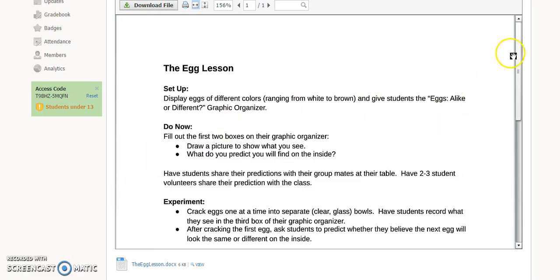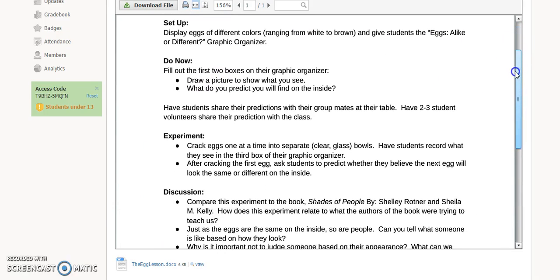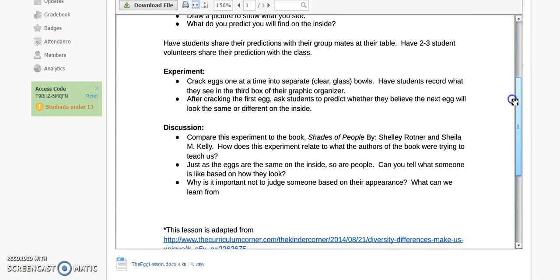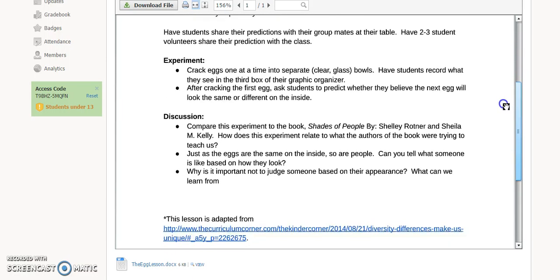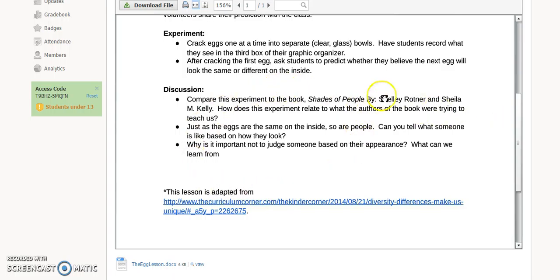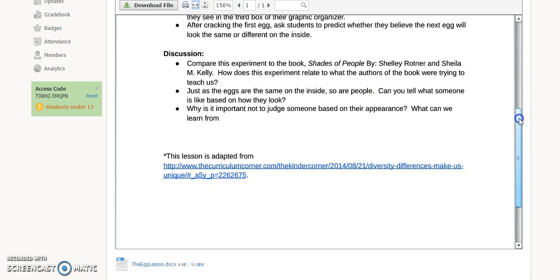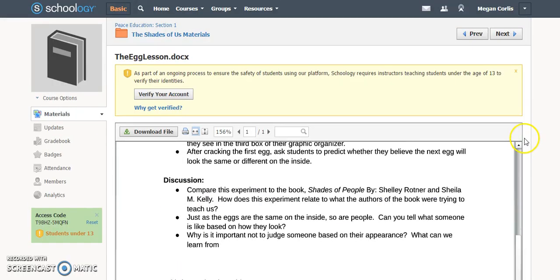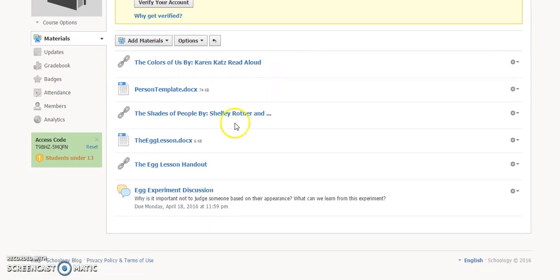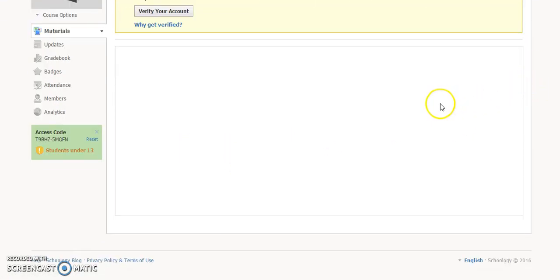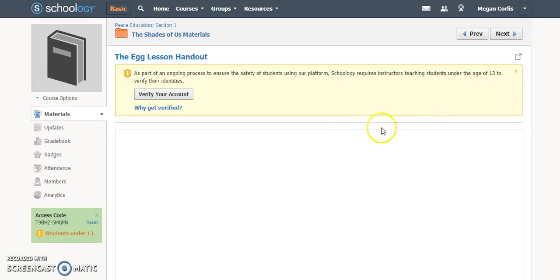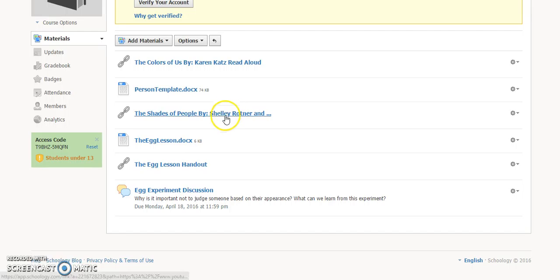So this is an experiment where students would be making predictions, so it's integrating science as well into the literacy unit. Also incorporating a discussion and then attached the accompanying handout, which isn't loading now.